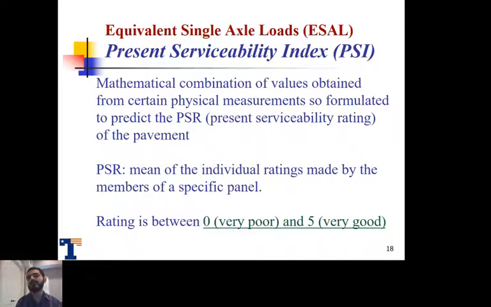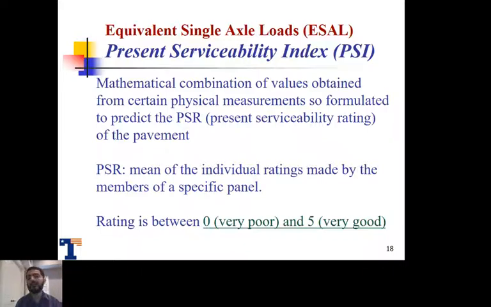The present serviceability index, or PSI, is a mathematical combination of values obtained from certain physical measurements. So it's formulated to predict the PSR, the present serviceability rating of the pavement.